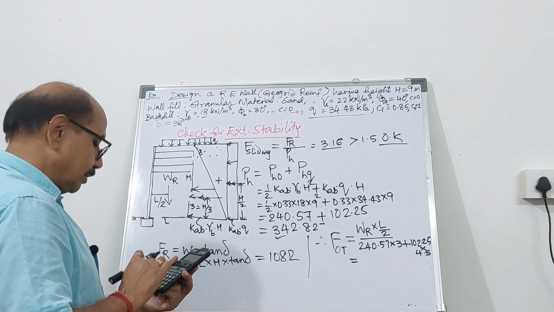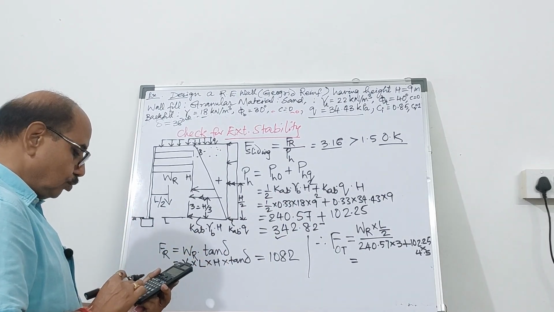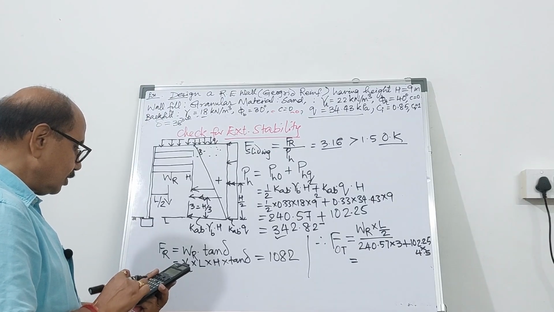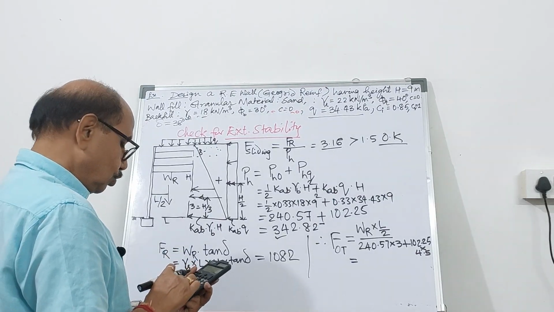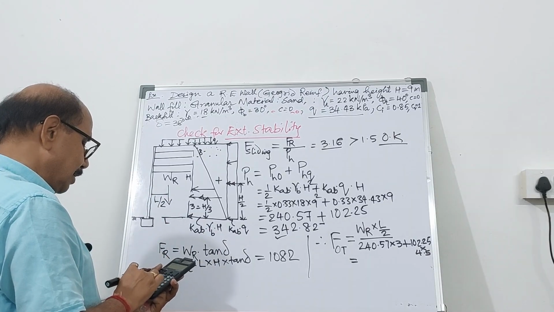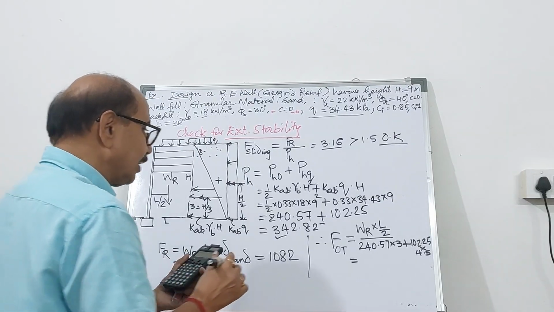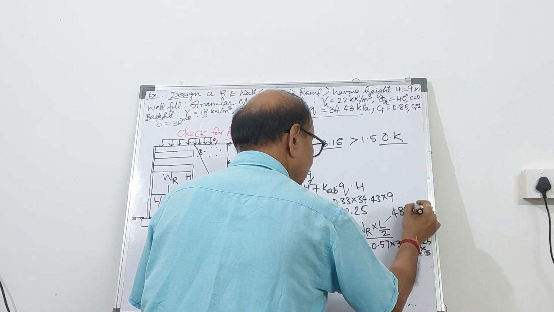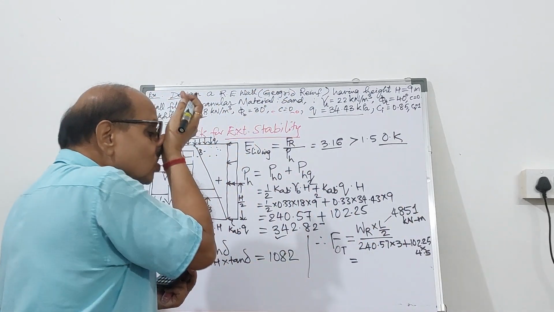So now let us calculate. WR will be gamma R, that is 22 multiplied by 7 meter length into height will be 9 meter into L by 2, that is 3.5. This is 4851 kilonewton meter. This is the moment.